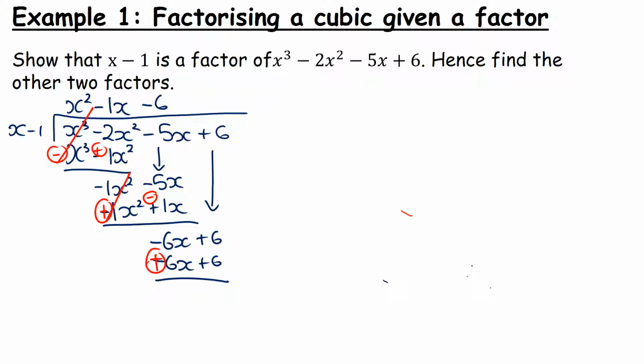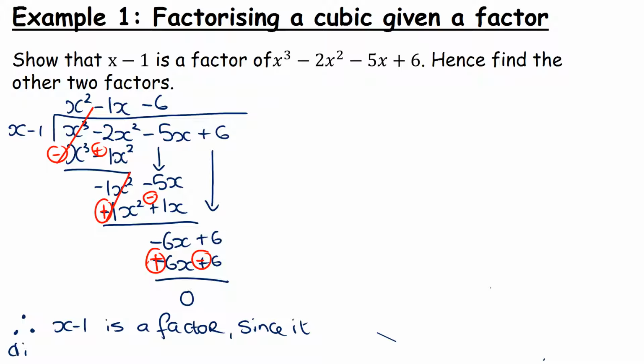So that leaves me with 0, which means that therefore x minus 1 is a factor since it divides evenly.